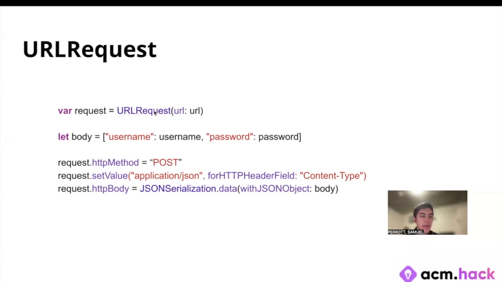So you can first have your URL request, and then you can pass in the body, and you will set the request method. So for example, a post request. And if you want to set key value pairs that will act as headers, you can set them with the setValue function.